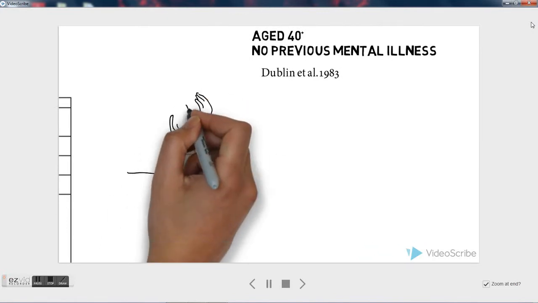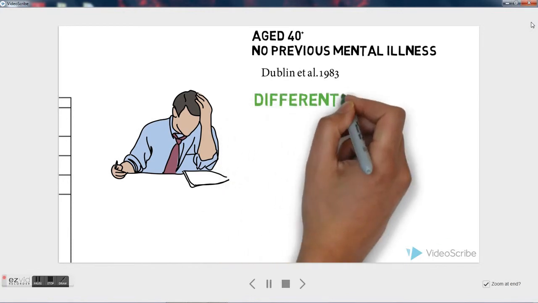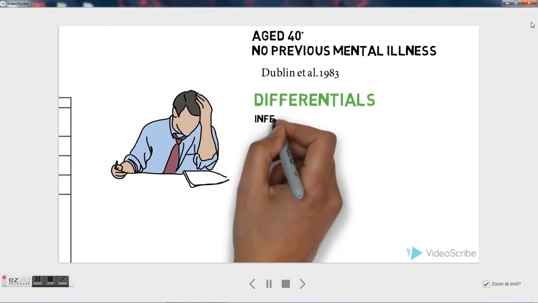Now, the problem with delirium is that there is a very wide range of differential diagnoses.